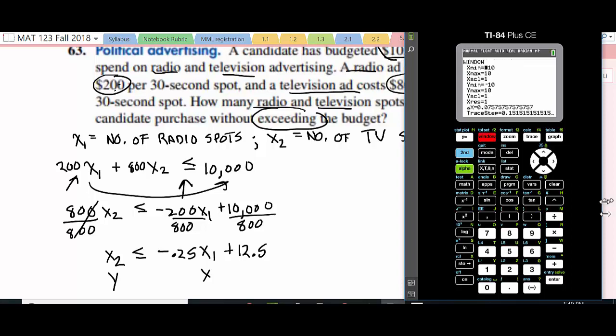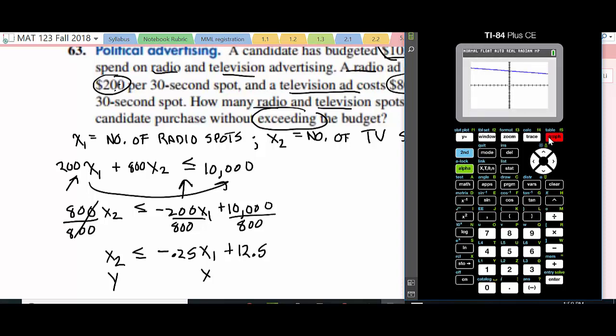So for a window, just go negative 10 to 10, and then for y, let's do negative 20 to 20. Like that, okay? That'll be a pretty good way to scale that, and you can leave the scale at 1 if you want to. So you know that's going to give a line that's sloping downward, and so it's going to go like that.